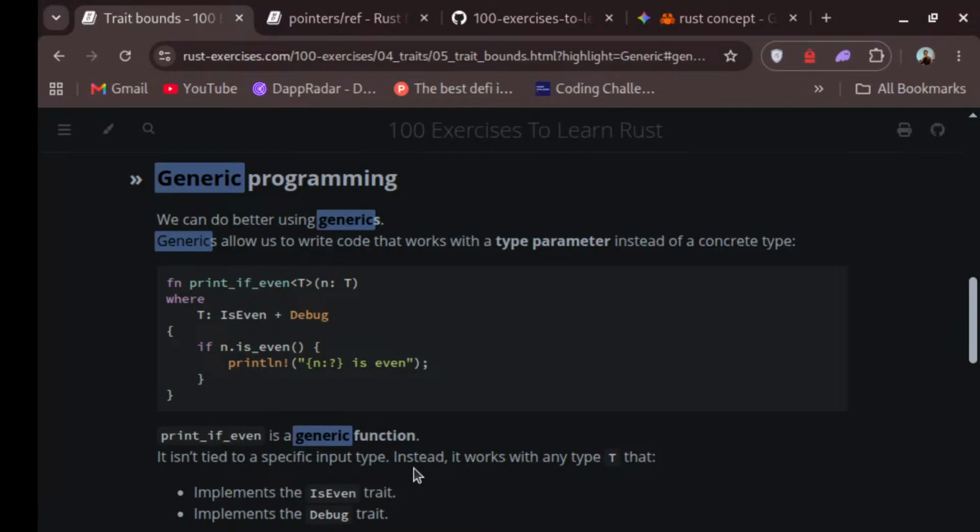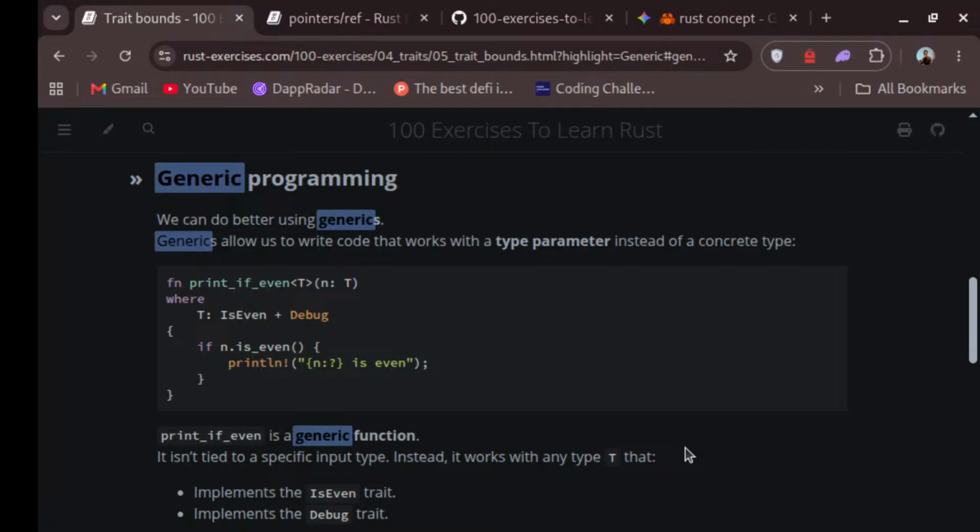That means we can give any type of input, as long as the T type implements the IsEven trait.